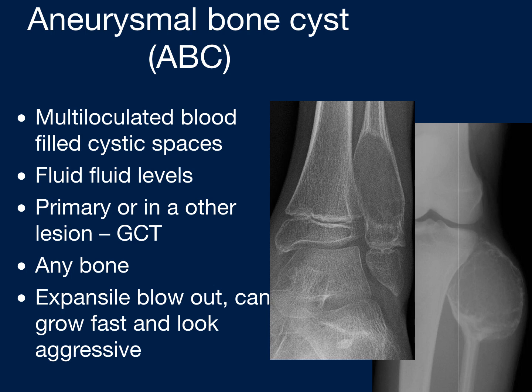They're composed of multiloculated, fluid-filled cysts that you can see radiographically, usually on MR. And so you'll see fluid levels, and they can be on their own or secondary, with giant cell tumor being the most common, but also they can be seen in osteoblastoma, chondroblastoma, fibrous dysplasia, and even osteosarcomas. They can occur in any bone and appear as an expansile, blown-out lesion. They tend to grow fast, and that's why they can look aggressive.